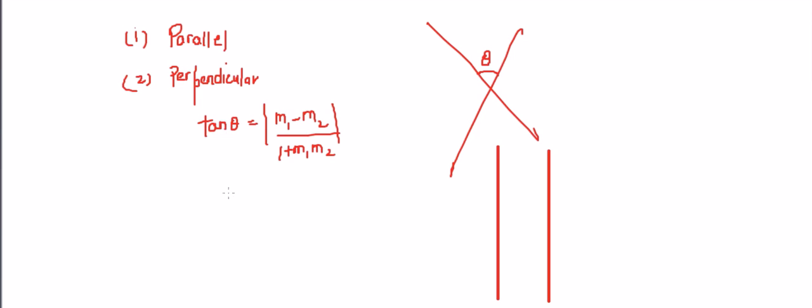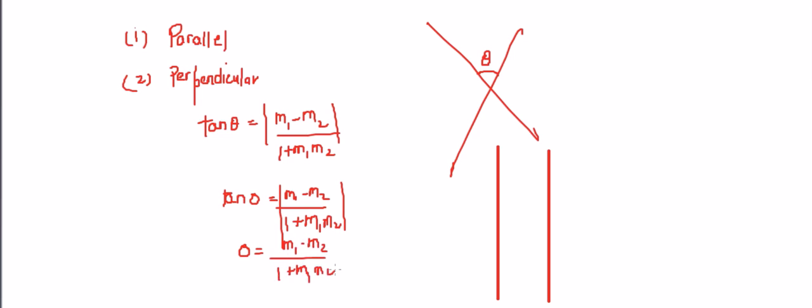So tan 0 is 0. I'll get 0 here. If I cross multiply, I'll get m1 minus m2 equals 0, or m1 equals m2. So this is my condition. When the lines are parallel, their slopes should be equal to each other.